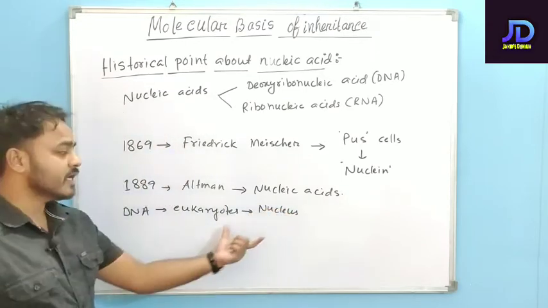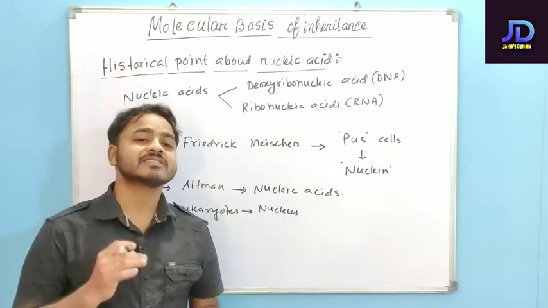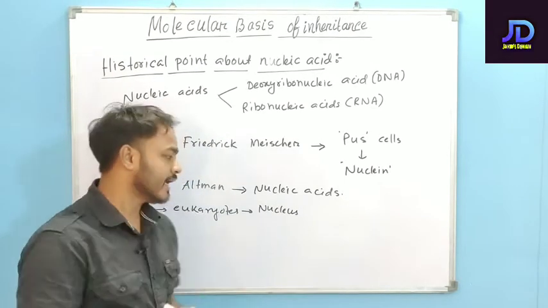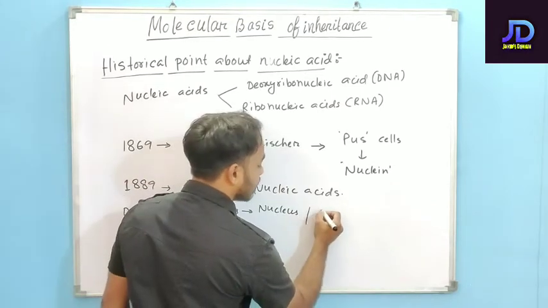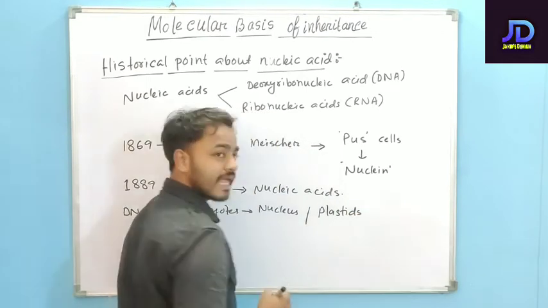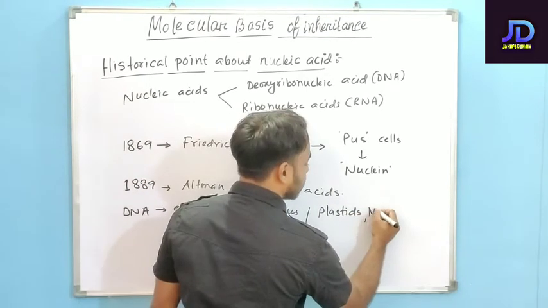But in addition to the nucleus, there are some other organelles where DNA can be found, and these organelles are the plastids and then mitochondria.